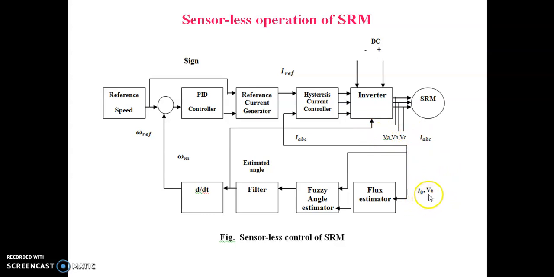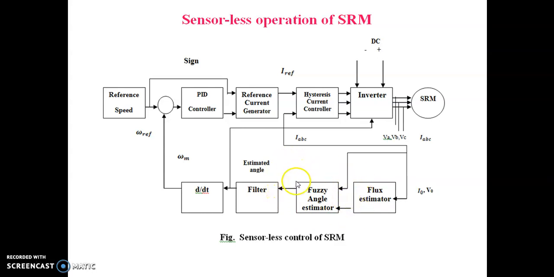I0 and V0 are given as inputs to the flux estimator, which produces the output flux phi. This flux value and the phase currents IA, IB, IC are given as inputs to the fuzzy angle estimator.